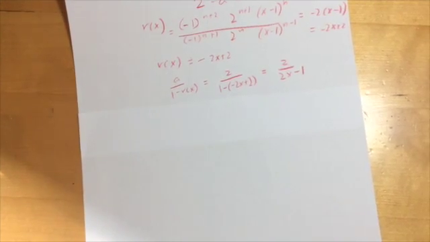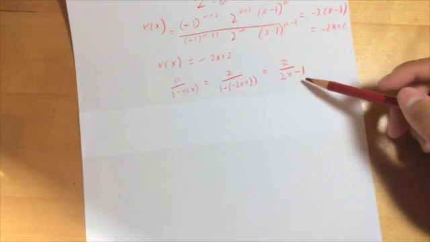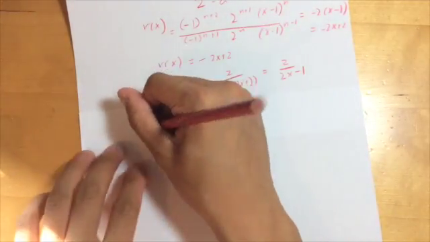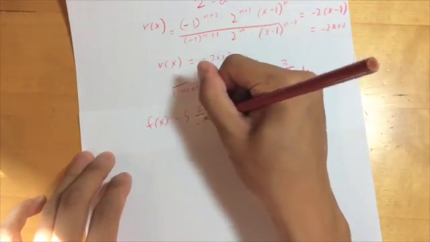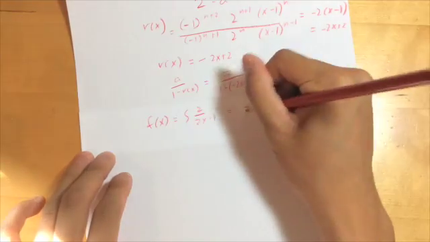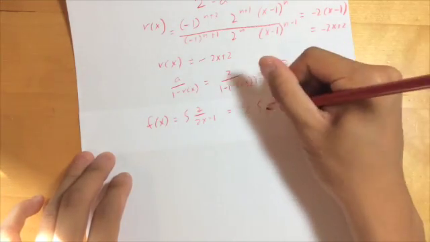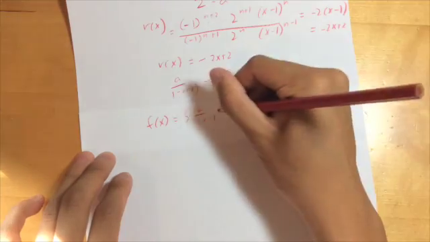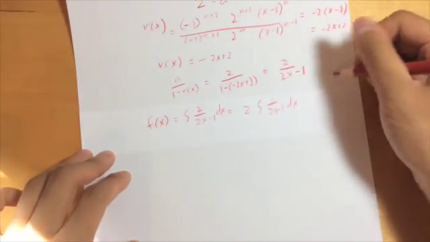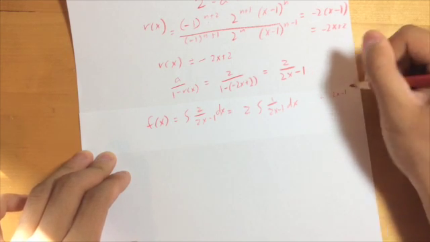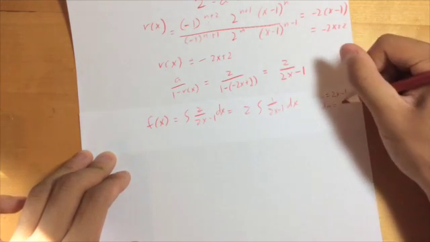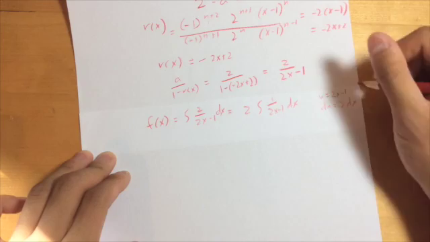So now that you know that f prime equals 2 over 2x minus 1, you know that f of x equals the integral of 2 over 2x minus 1, or 2 times the integral of 1 over 2x minus 1 dx. So over here, you can do a simple u-sub. So you can let u equals 2x minus 1, du equals 2 dx.